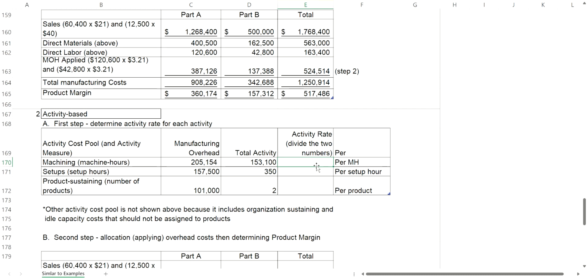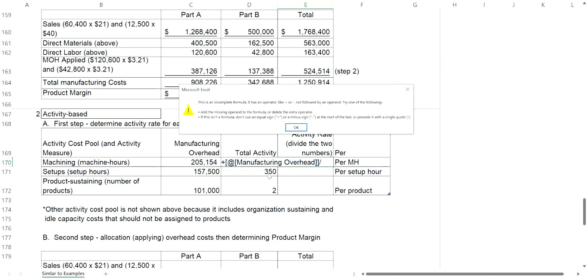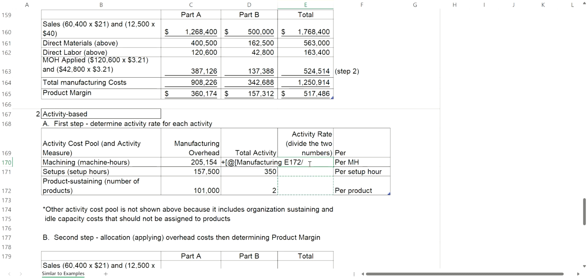Okay, so to get the activity rate, I divide the two numbers. So I will divide 205,154 divided by 153,100. Okay, and I get $1.34 per machine hour.